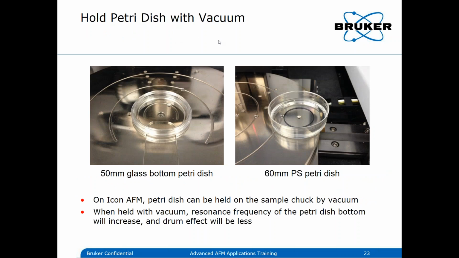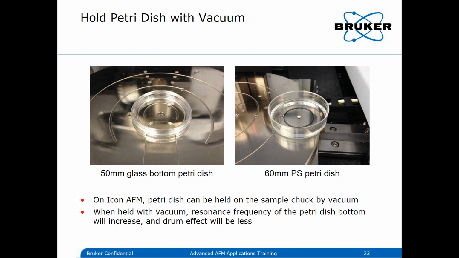If you work with a Petri dish, it might happen that there's a drum effect in tapping mode, for instance. If your Petri dish is just sitting on the chuck, not held by vacuum or anything, then your cantilever is like a drumstick on a drum, and you will see vibrations which you cannot get rid of. There are two ways to overcome that.